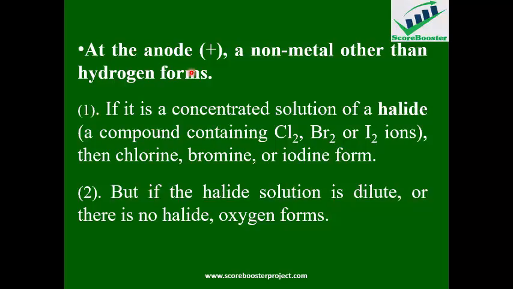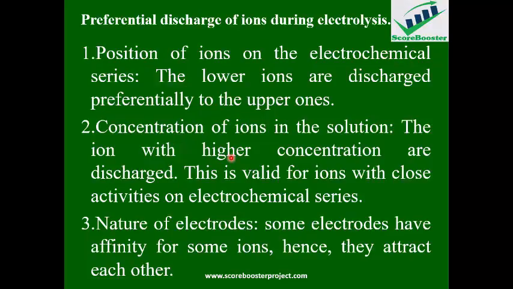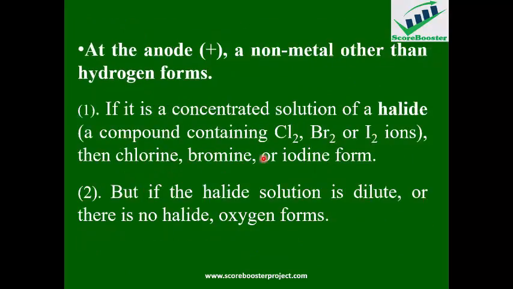But if there is a dilute solution now, then oxygen forms. This is the second point that we said, concentration now. If you have a dilute solution, then oxygen forms because the hydroxide from water is more than the chloride now. Then since their relative positions on the electrochemical series are close, the second point is now valid, that is concentration. The ion that has more concentration gets discharged.